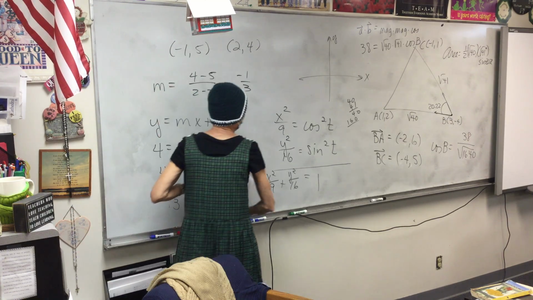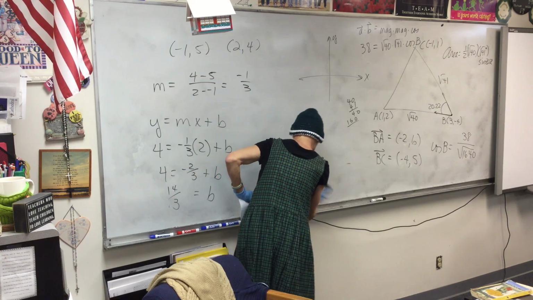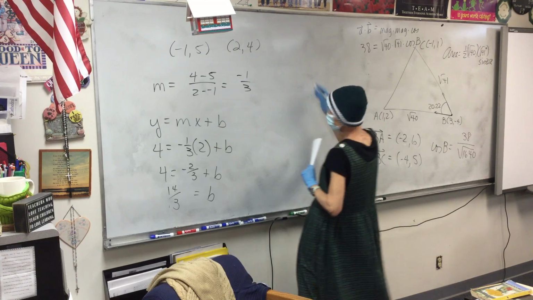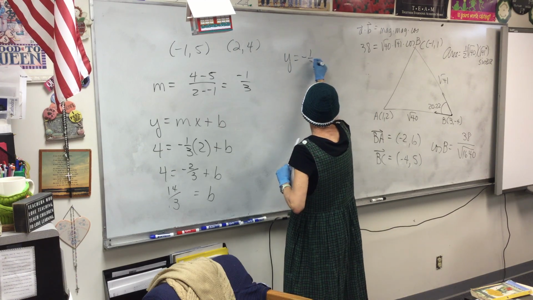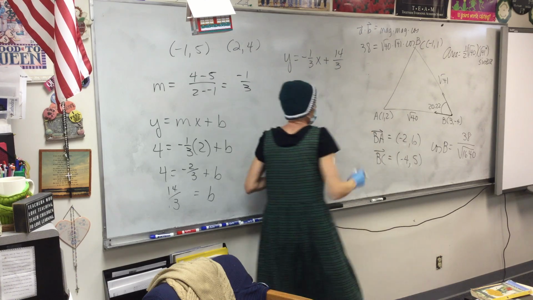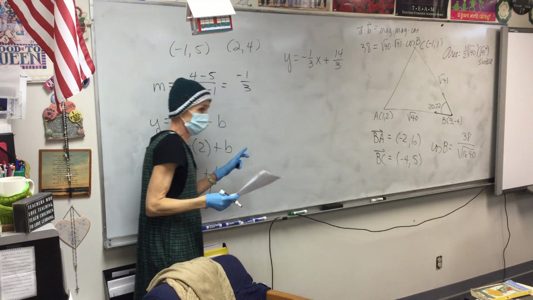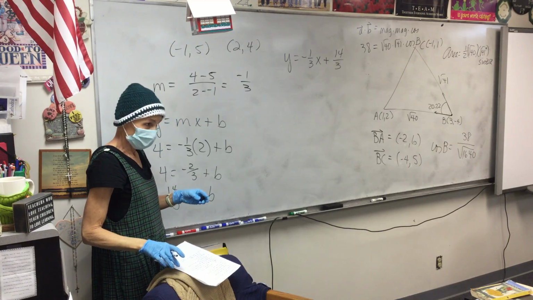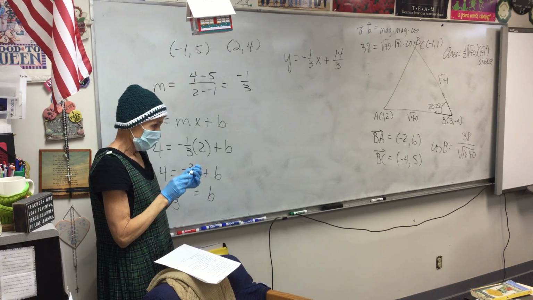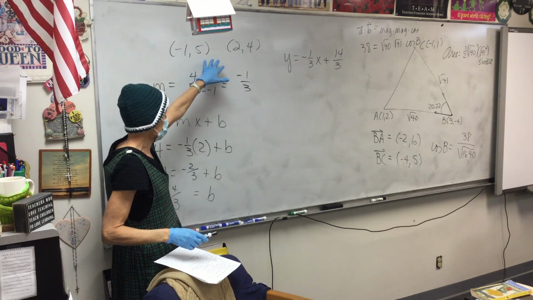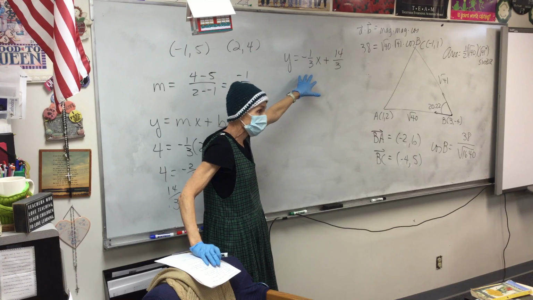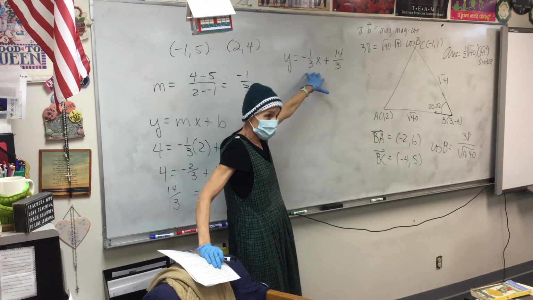So I get y equals -1/3 x plus 14/3. All right, now what Robert has done, I mean, we're not done. We haven't done what we're supposed to do yet. We've taken 2 points, and what have we written? We've written the equation of a line. But what kind of equation is this?